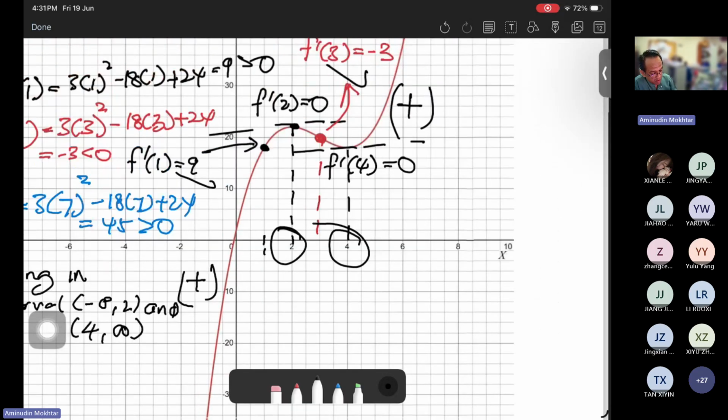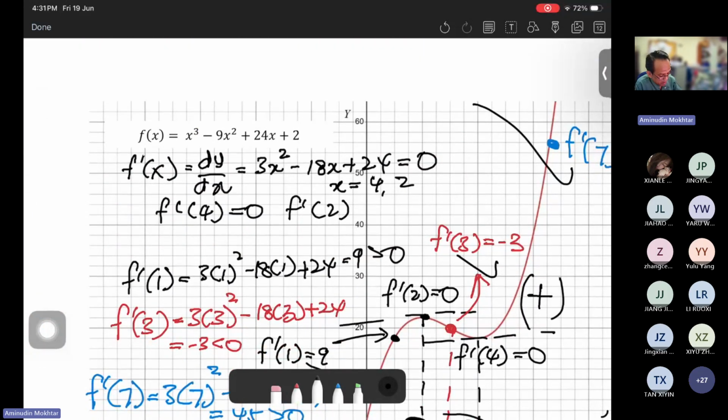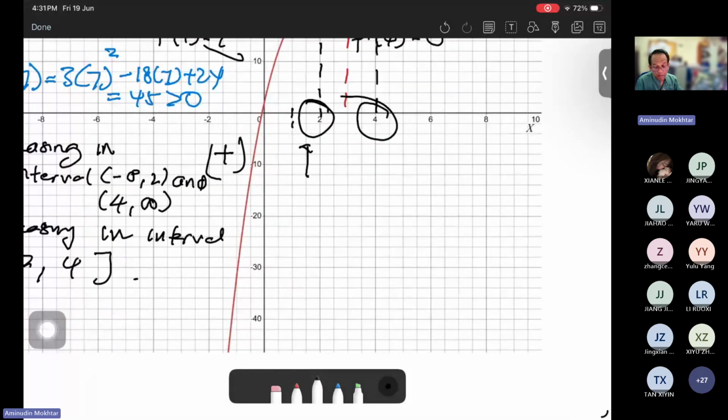The second scenario: since there are two critical points here, we would like to know which point is a relative maximum and which is a relative minimum. These critical points are also known as extreme values.